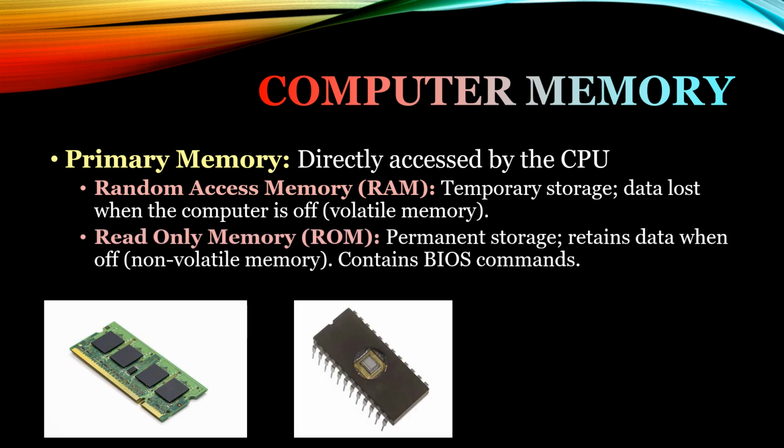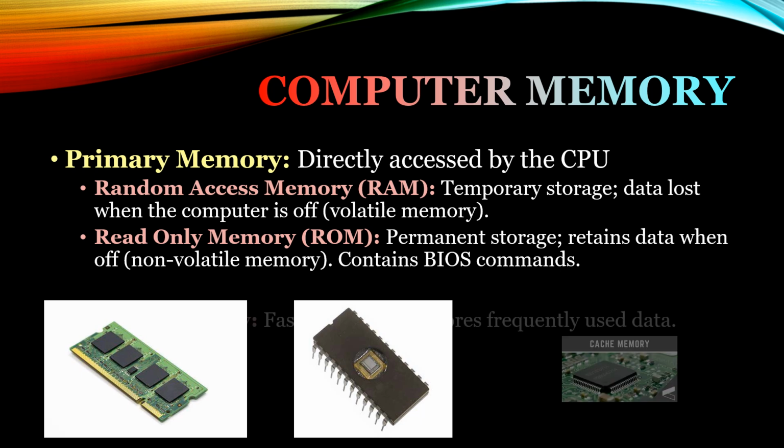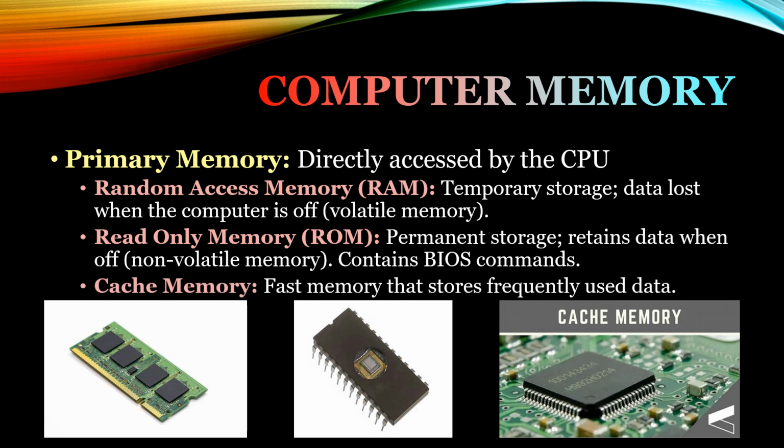ROM or read-only memory permanently stores essential instructions for the computer, such as the BIOS. BIOS means basic input output system. And cache memory is a smaller, faster memory that stores frequently used data for quick access.